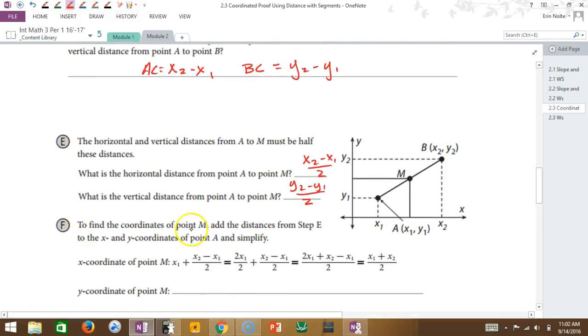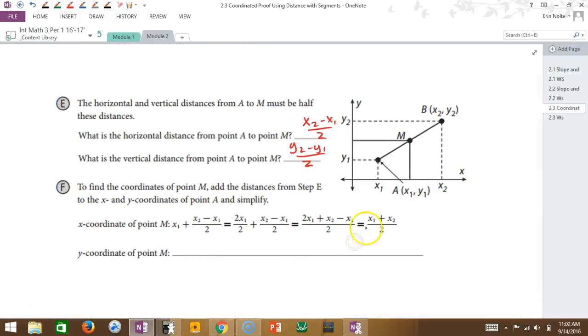So now to find the coordinates of M, add the distance from step E to the x and y coordinates of A and simplify. Okay, so they wrote this out for us. So we would take the x1 value, so that's the x's, and we're going to add the midpoint distance. Okay, and so all they do here is, we've got to have a common denominator, right?